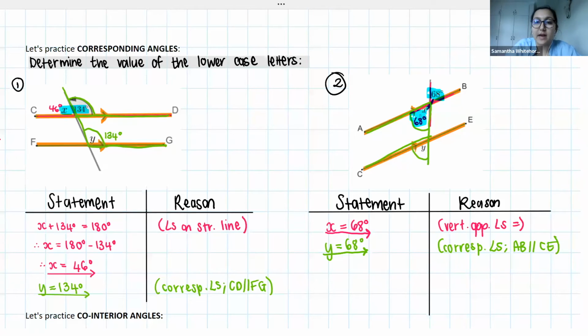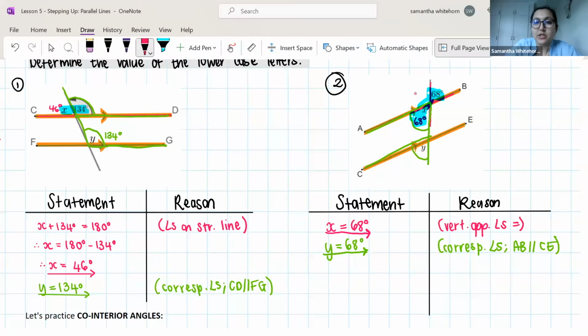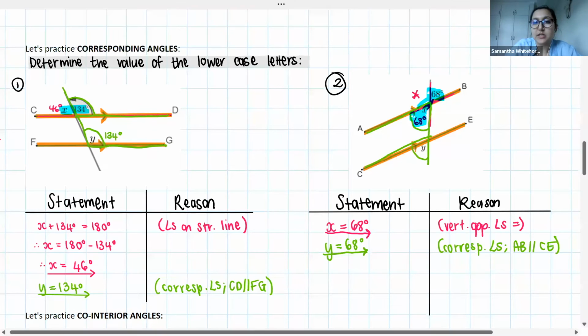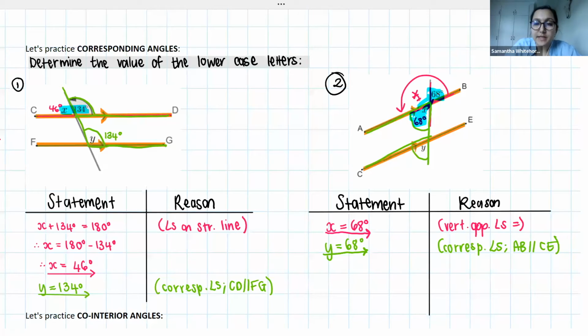And that is what makes them vertically opposite. If, however, X had been next to 68, then we would use angles on a straight line. If they're adjacent on a straight line, we would use angles on a straight line. But these two were opposite each other. Hope that answers your question.